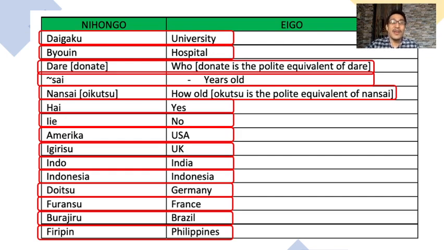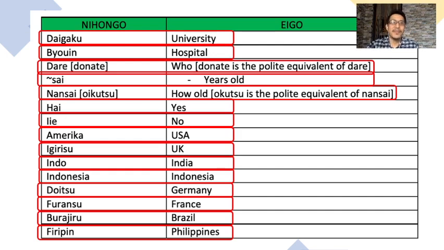So we have here the Japanese words on the first column, and in the second column we have eigo, or the English words. Again, Nihongo, Japanese words, eigo is English words. So let us read. Daigaku, that's university. Okay, first let's read the Japanese words. Please repeat after me.